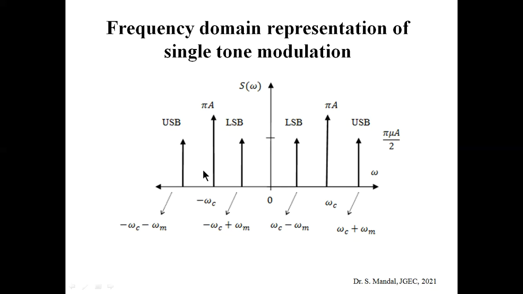Similarly, on the negative frequency axis, an impulse is located at minus omega c minus omega m and minus omega c plus omega m, both with amplitude pi mu A by 2, and this denotes the LSB and this denotes the USB.